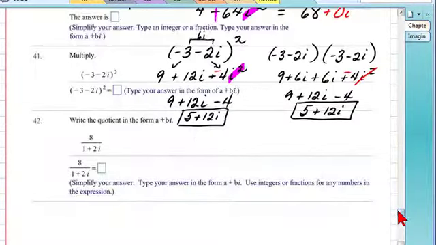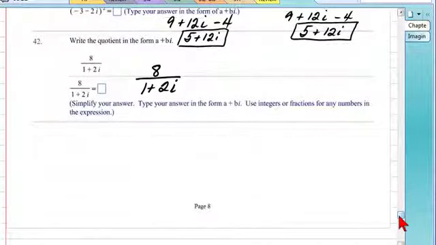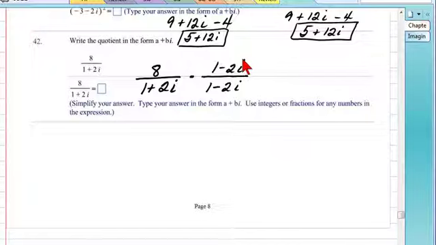Problem number 42 has 8 divided by 1 plus 2i. Because i really represents a radical, you do the same thing you did with radicals. You're going to multiply the top and the bottom by the conjugate of the denominator. So it's going to be times 1 minus 2i over 1 minus 2i.